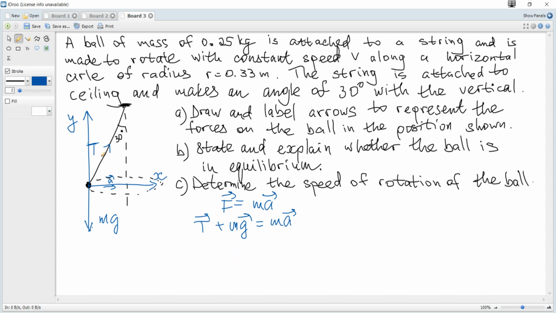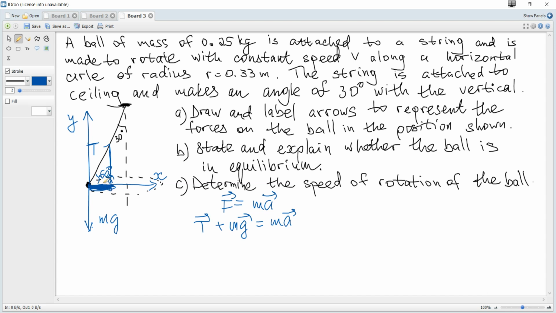30 is here, and 30 is also here, and this angle is 60. So the component of T on the x-axis is this leg, and if we consider a right angle triangle, the hypotenuse is the magnitude of the vector, it's T, and we need this distance.